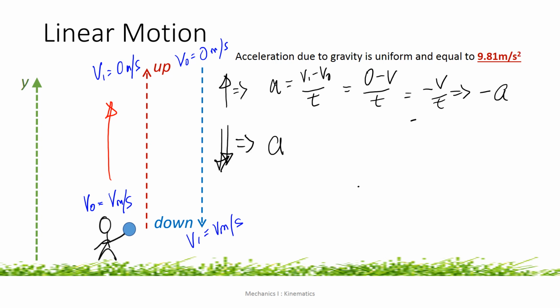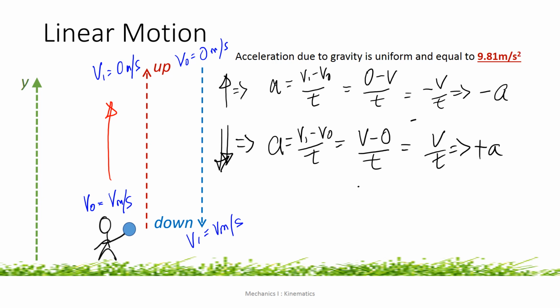We will have a, same thing, final velocity minus initial divided by t. Final velocity this time is v minus initial 0 divided by the time. And there we have it. We have a positive a. So this is the second difference as compared to the horizontal motion. a is considered positive when it's traveling downwards and negative when it's traveling upwards.